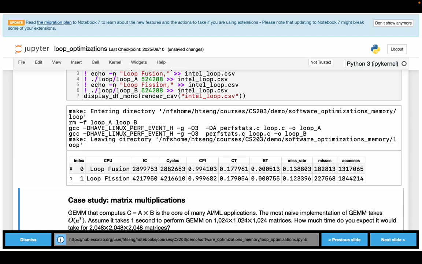A lot of people, when we do optimization, think we optimize for CPI or cache miss rate. But don't forget, performance is about three factors: instruction count, CPI, and cycle time. On the same processor, if you cannot improve the CPI significantly but increase the instruction count, you are going to hurt performance anyway.